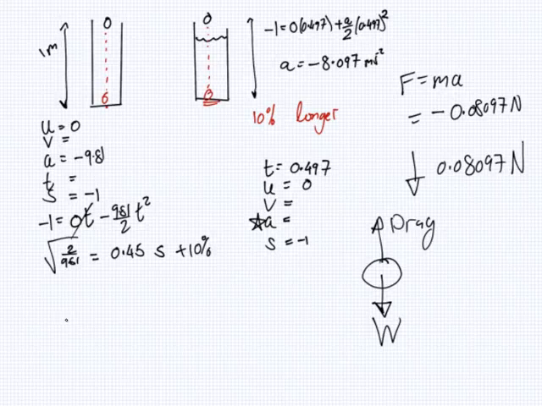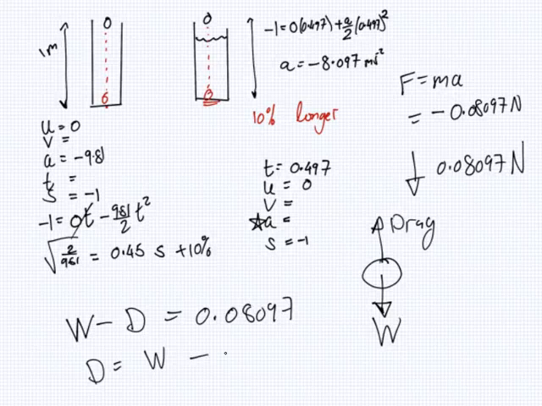In fact, you know that the weight minus the drag is the total force down, and the total force down is 0.08097. So the drag is the weight minus 0.08097. The weight, what's the formula? mg. Do we know the m? Yes. Do we know the g?